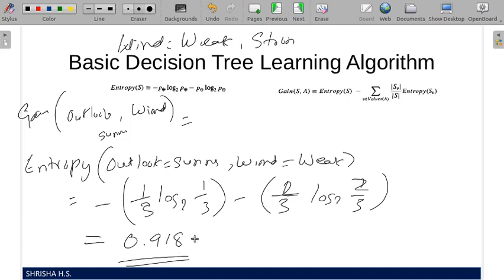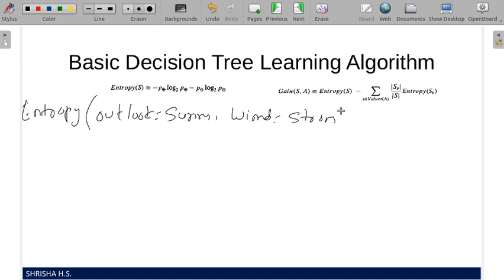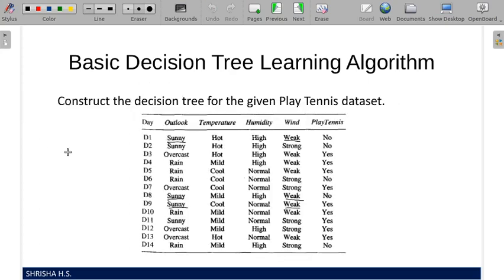Let's see what it will be for wind equal to strong. So entropy where outlook equal to sunny and wind equal to strong.